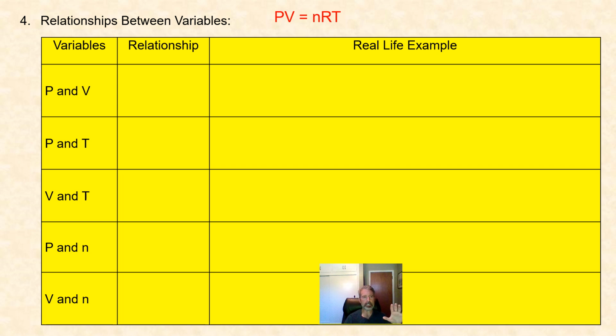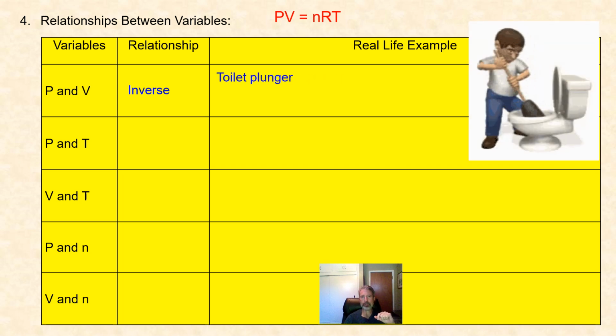So starting with the relationship between pressure and volume, when you look at the form of the equation, you can see that there's an inverse relationship between pressure and volume. The example I'll give you, how about the toilet plunger? When you look at a toilet plunger, you can see that the plunger is trapping air inside of it.